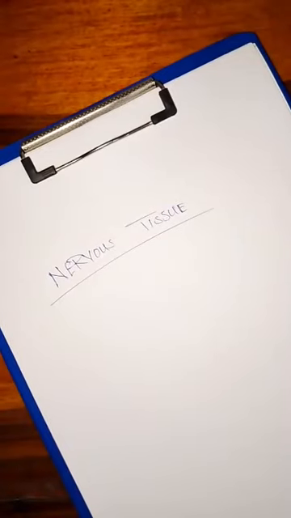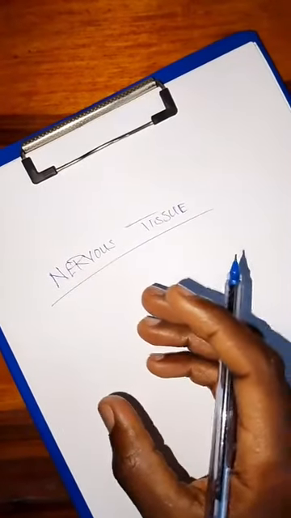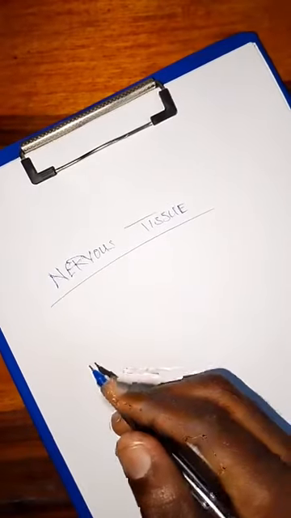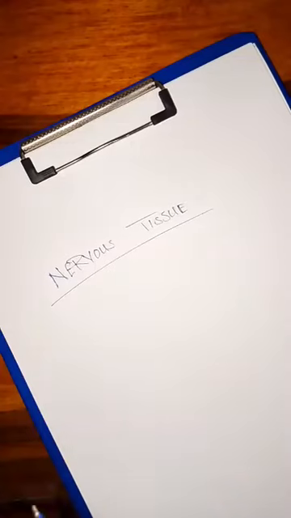Basically, a tissue is just a group of similar cells that work together to perform a specific function in the body. For example, we have epithelial tissues, which are made up of similar cells that perform a specific function, also muscle tissues and connective tissues, just like the nervous tissue we are going to talk about.